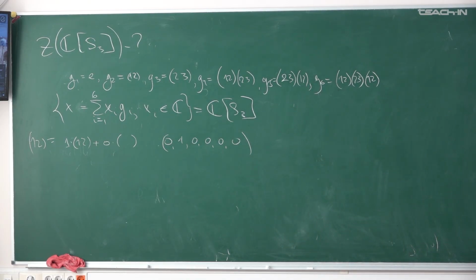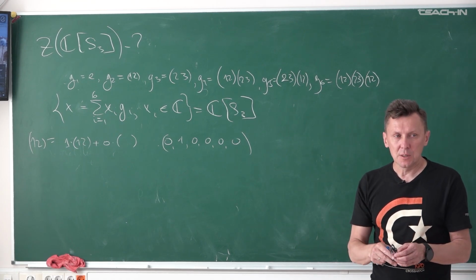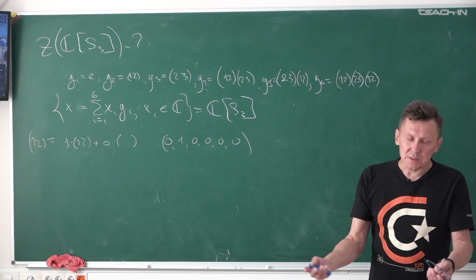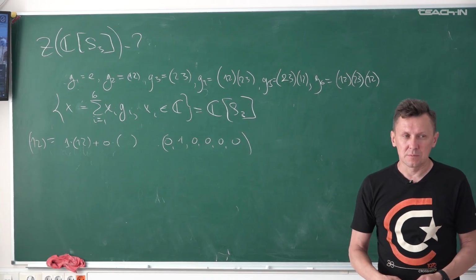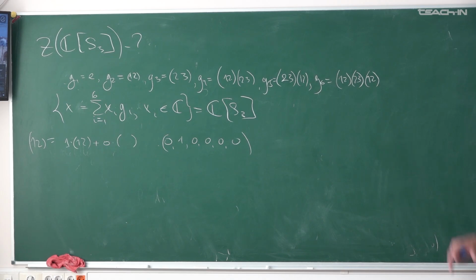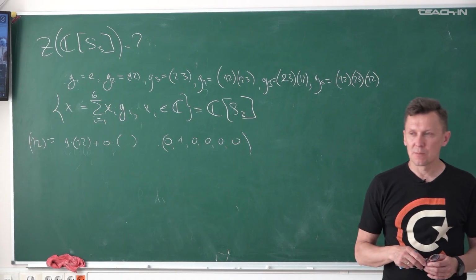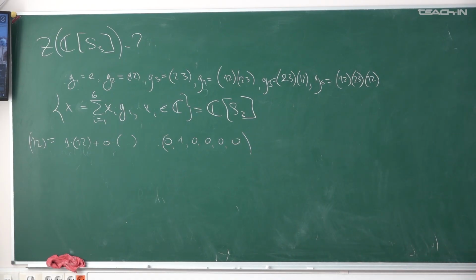Just by composing these transpositions, you can obtain all elements. (1 3) is derived from these two generators.